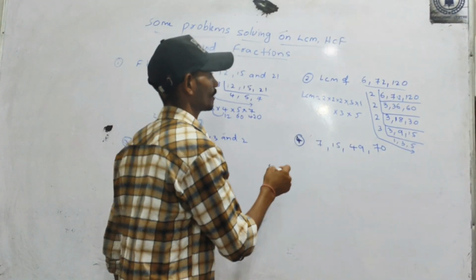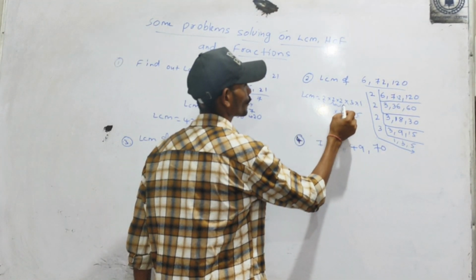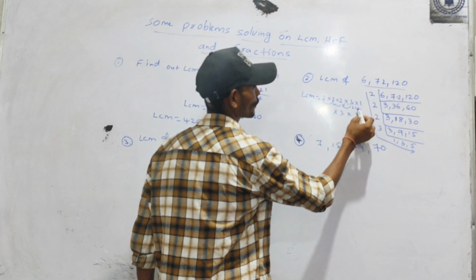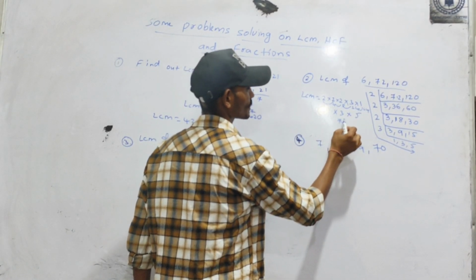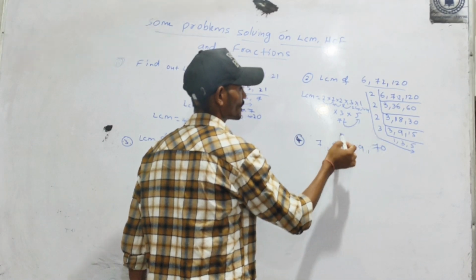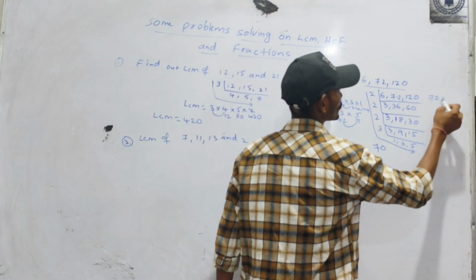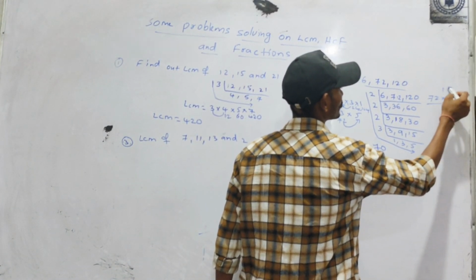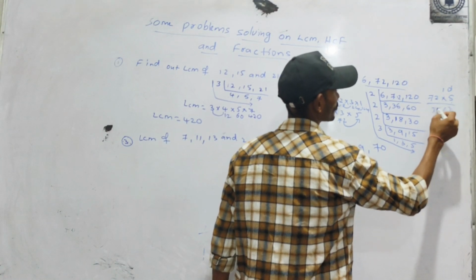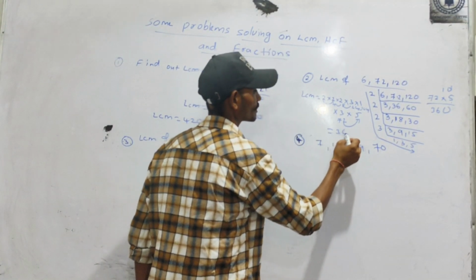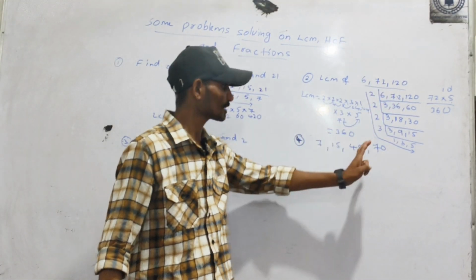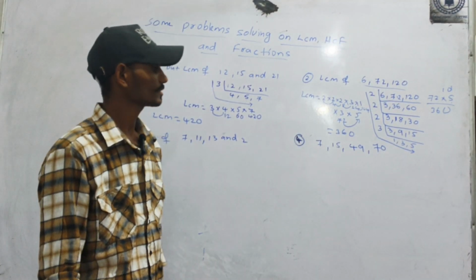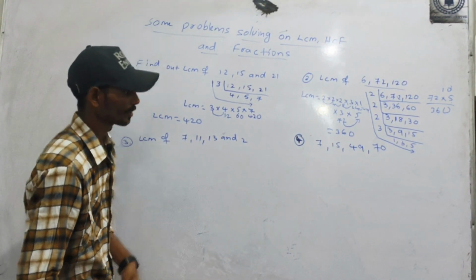So multiply all the numbers: 2 twos are 4, 4 twos are 8, 8 threes are 24, 24 ones are 24, next 24 threes are 72, and 72 fives are 360. So the LCM of all these numbers is 360. Okay, come to the next problem.